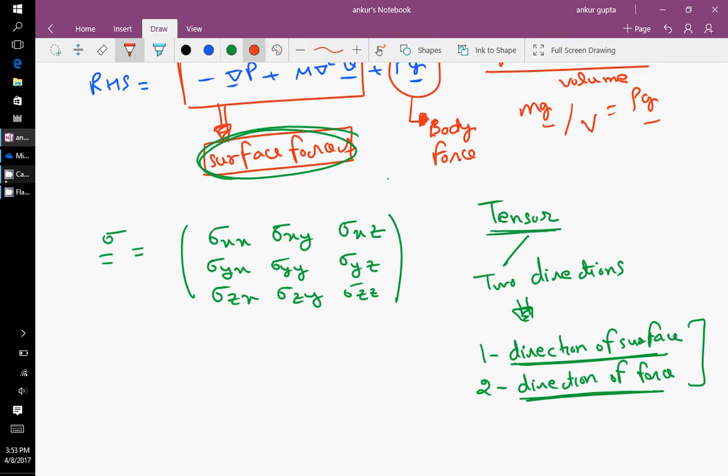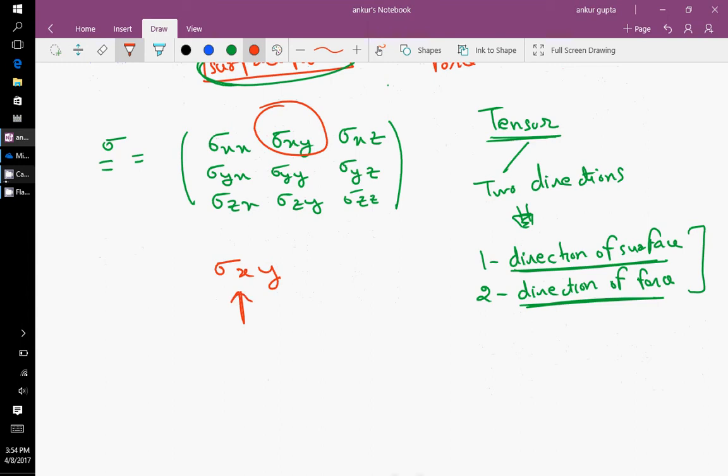So let us take any element, let's take sigma xy of this expression. We said that the first subscript is the direction of the normal to the surface, and the second subscript is the direction of force.